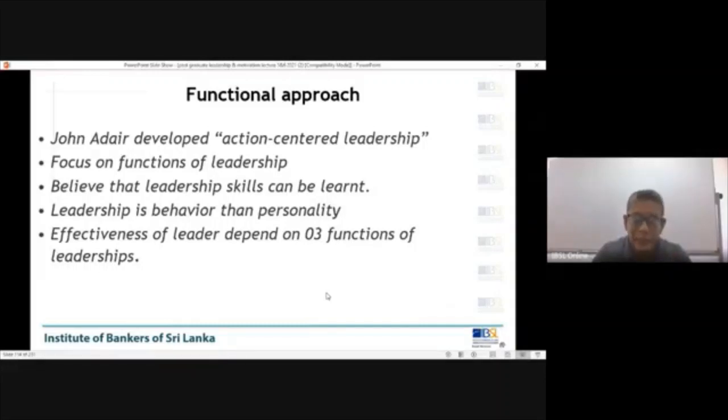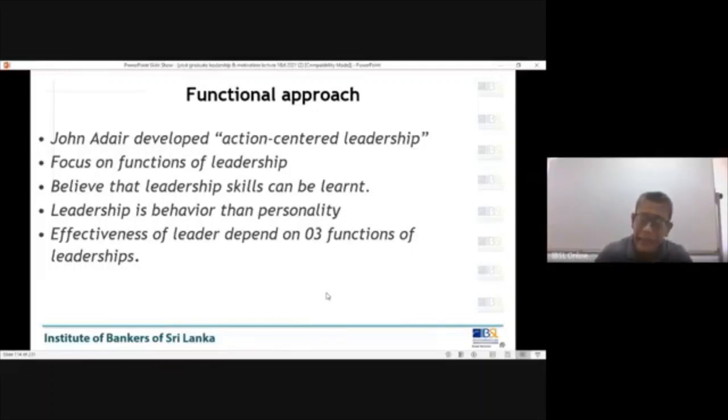In some textbooks, this approach is considered as a separate leadership approach, but some of them put it under the functional approach as a theory. But you know, John Adair is a Canadian person, basically a professor, who developed the action-centered leadership approach, right?